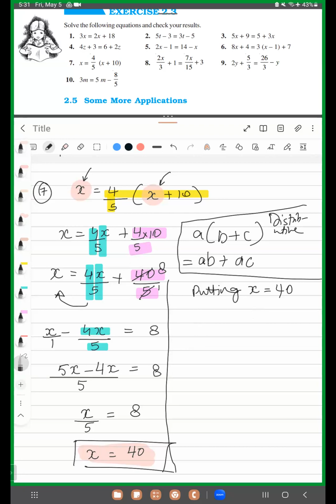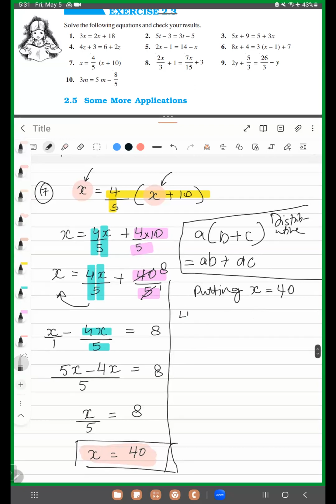Wait. First, step by step चलेंगे. First, tell me what is LHS? 40. अब RHS पे आइए. RHS is 4 by 5 multiplied by x plus 10. What is x? 40. So 4 by 5 multiplied by 40 plus 10.